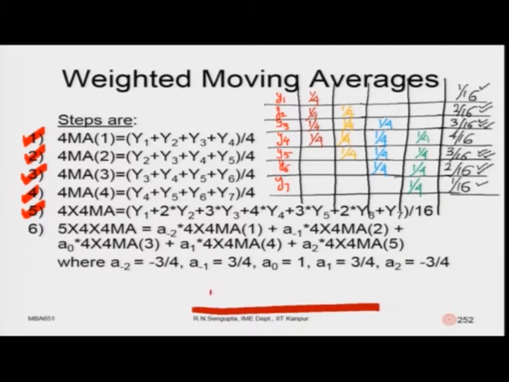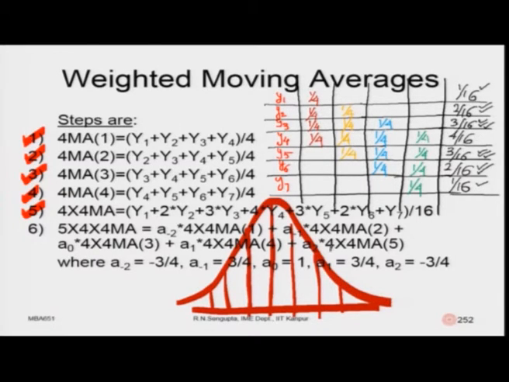So, 1/6 weight comes here, 2/6 would be a little bit higher, 3/6 would be a little bit higher. 4/6 would be much higher. This is proportional, may not be the right diagram, but I am trying to highlight. Then third from the last would again be a height of 3/6, second from the last is 2/6 and the other value is 1/6. So, if I draw the histogram, it will be a normal distribution exactly as the values have been predicted.